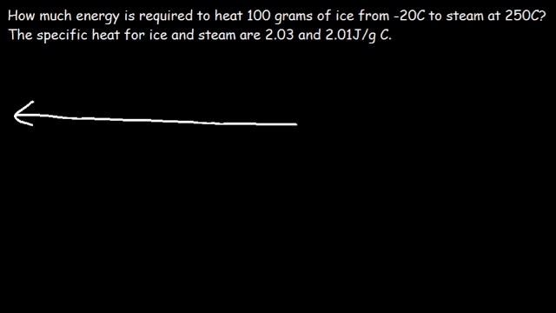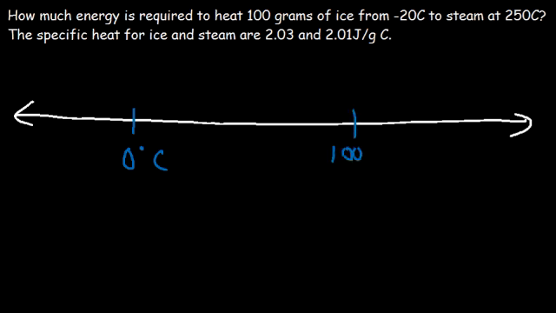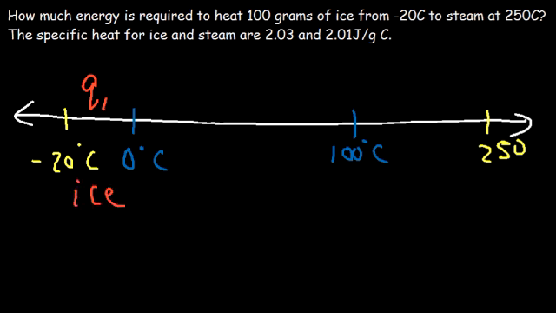So let's summarize what we need to do here. So ice melts at 0 degrees Celsius and water boils at 100. So we're starting at -20 and we need to get to 250. So Q1 is going to represent a temperature change from -20 to 0, and that's for ice.